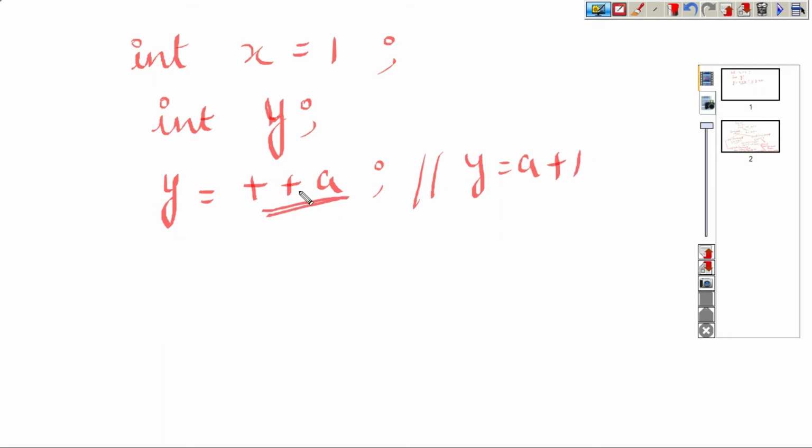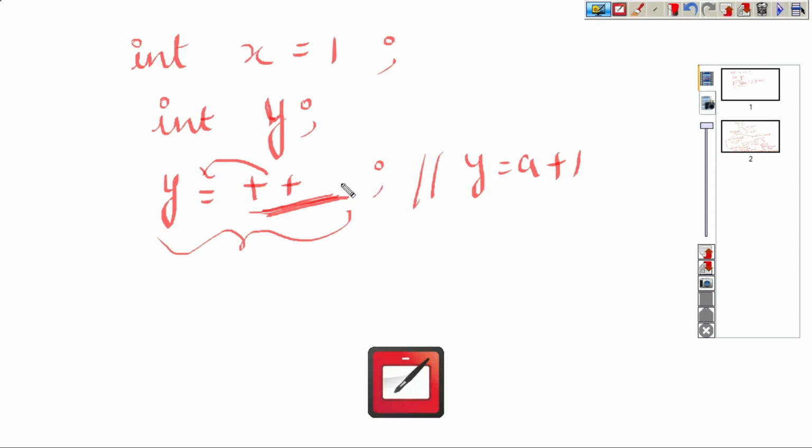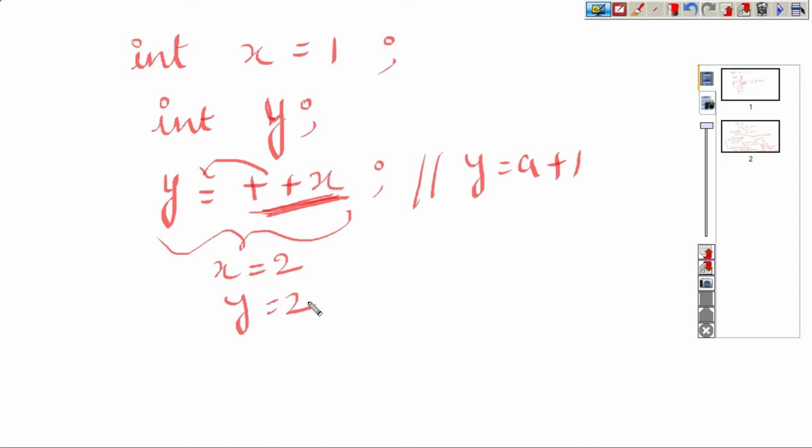First it will increment the value of x, and then this will be assigned to y. So at this stage both x is equal to 2 and y is equal to 2.